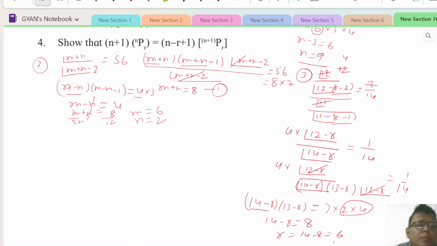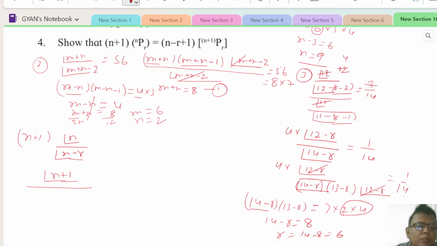Question number 4 is (n plus 1) into factorial n divided by factorial (n minus r). So this should be n plus 1. So n into n plus 1, that is factorial (n plus 1), that we can write in the numerator, and in the denominator we have to bring r.